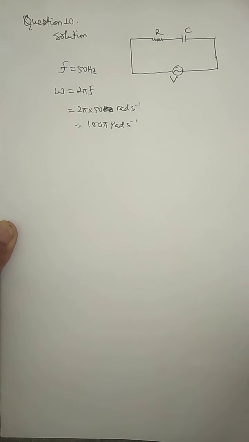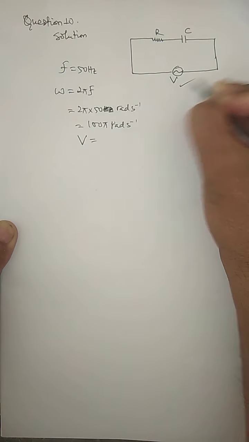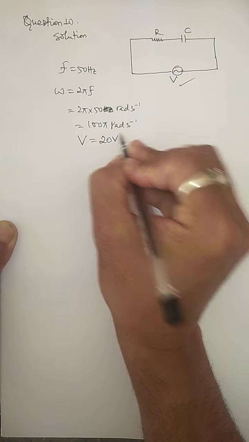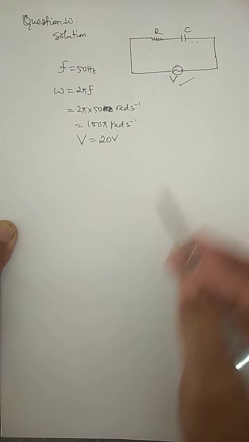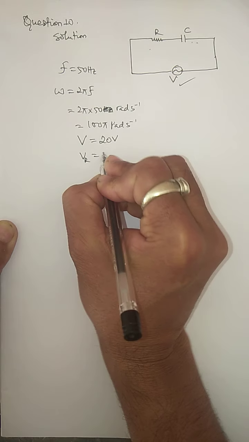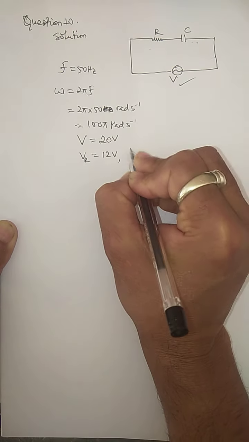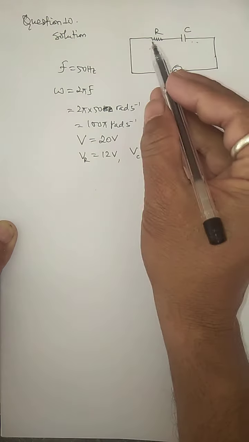Then in the question, the source voltage is given. It is connected to an AC source of 20 volt, so V is given, that is 20 volt, connected across the resistance and capacitance in series. The voltage across resistance, VR, is given as 12 volt. Now what do we need to calculate? The voltage across capacitance. This is what circuit, as I said?